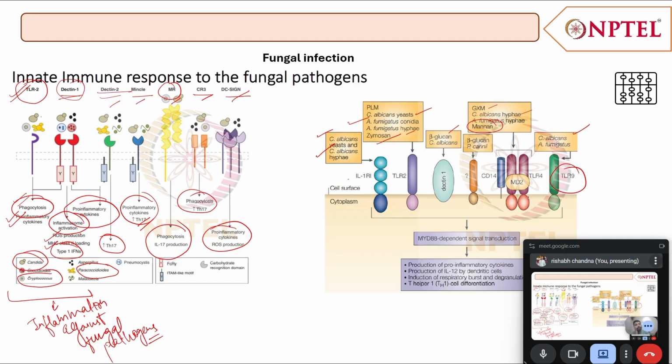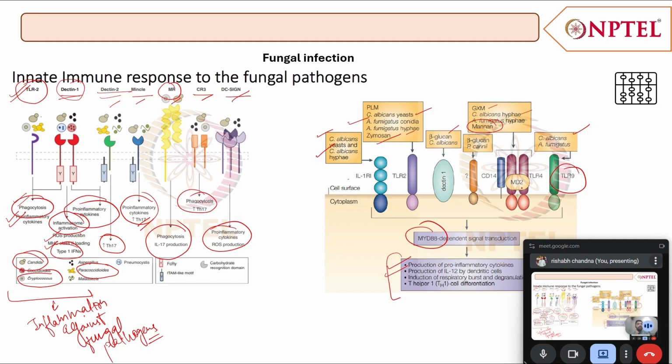Now, all these are dependent upon MyD88-dependent signaling, as we have studied before, and it leads to the production of pro-inflammatory cytokines, IL-12 by the dendritic cells, induction of the respiratory burst and degranulation, and T helper cell differentiation. So Th1 cell differentiation is also taken care of by this pathway itself.